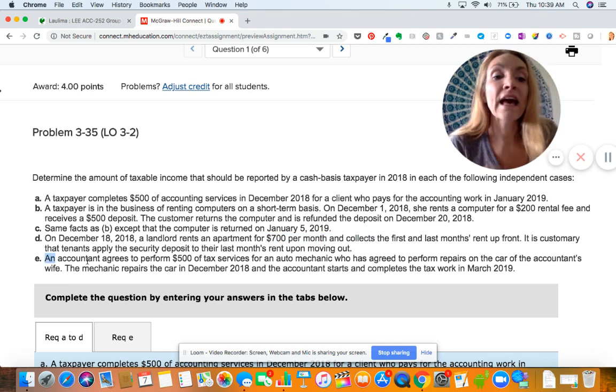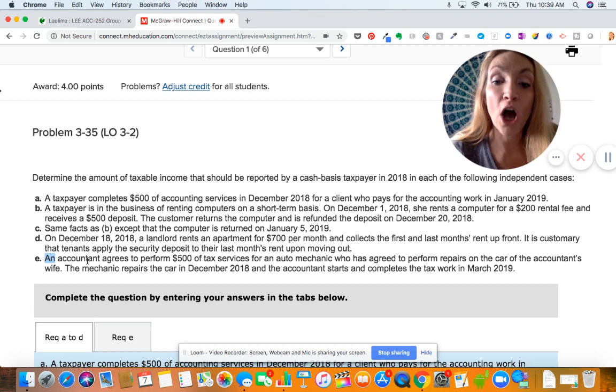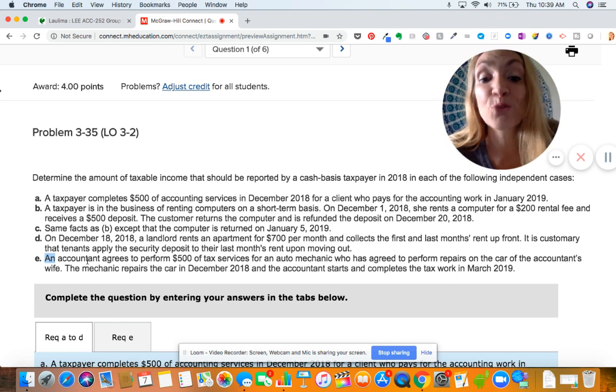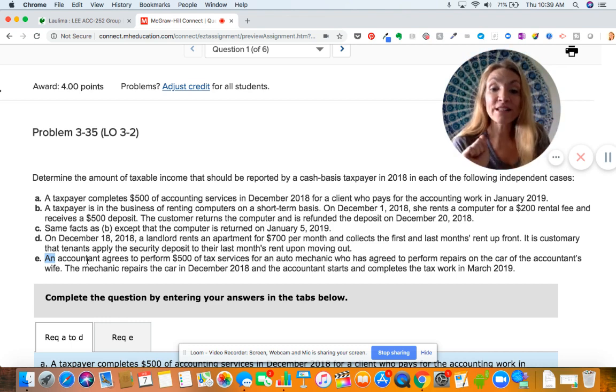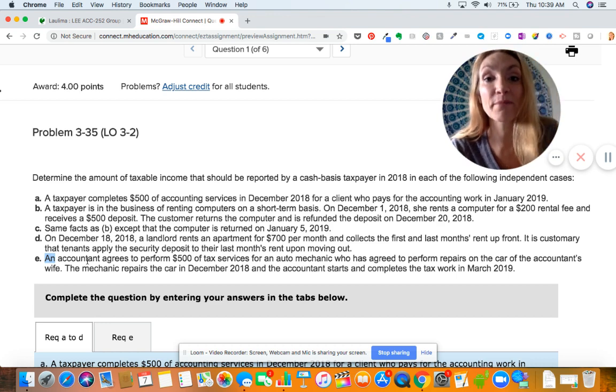Last one, E, an accountant agrees to perform $500 of tax services for an auto mechanic who agreed to perform repairs on the car of the accountant's wife. The mechanic repairs the car in December 2018, and the accountant starts and completes the tax work in March of 2019. So what happens here?